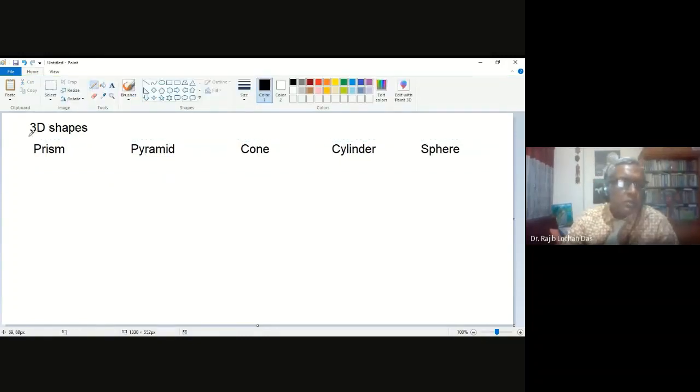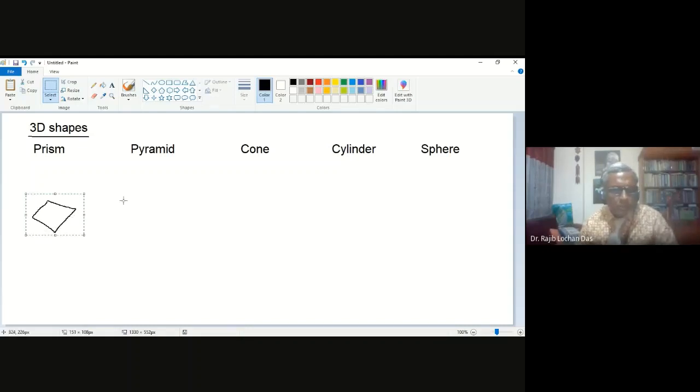Okay, so you already know. So the prism is the lower part, that is the floor, and the top. The floor and the top will be exactly the same. Okay, this is called prism.